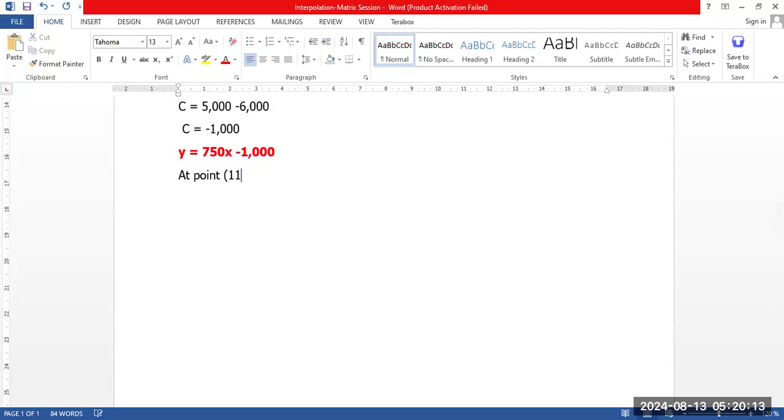So we are saying at point 11 with Y, we can use this point to get our missing figure. This is your X. You don't have Y. You can substitute in the formula to get Y. So your Y will be equal to, where you have X, put 11. So it will be 750 times 11.